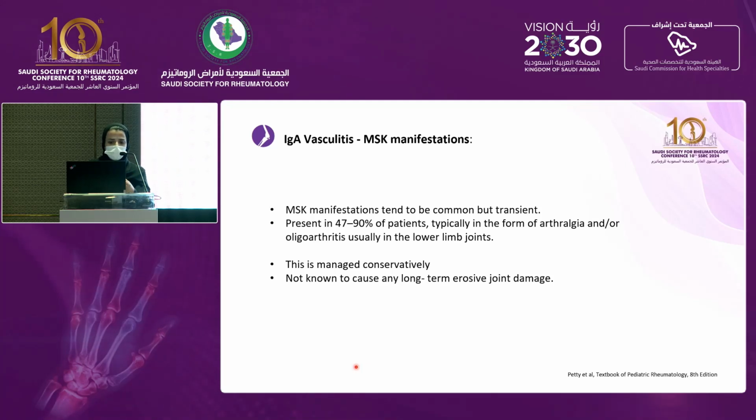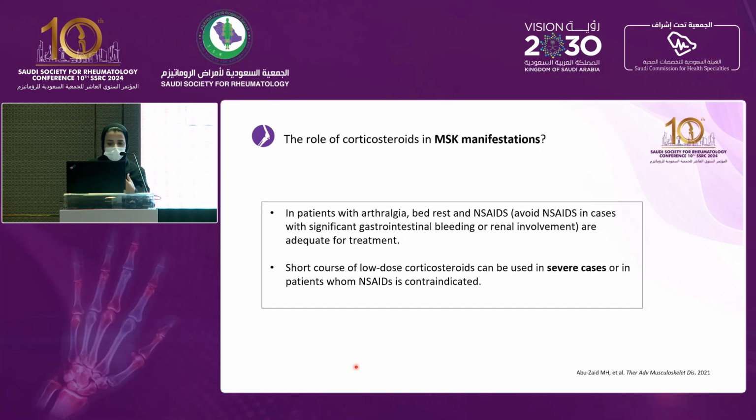And of course, it's not known to cause any long-term joint damage. So, as indicated by the consensus recommendations by our colleagues in Egypt, for any patient with arthralgia, bed rest and NSAIDs are usually enough for treatment. Whenever we have severe cases in which the patient is unable to bear weight, a short course of steroid can be used.